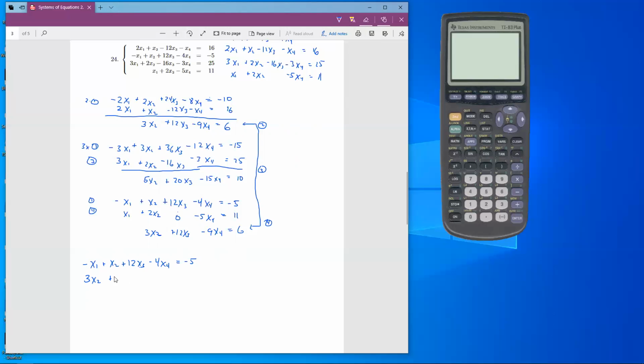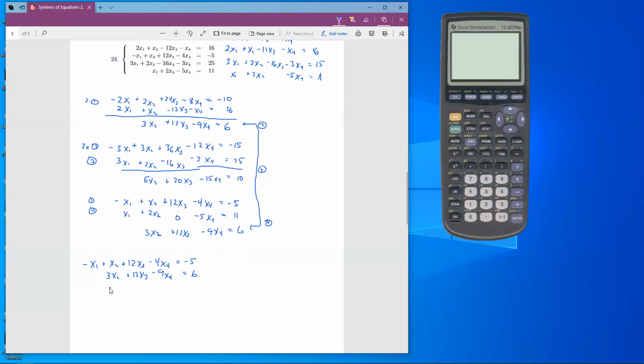The advantage of doing this with an eraser is normally I don't think you should erase it all, but in this case we should probably erase. So we have 3x2, 12x3, and minus 9x4, that's equal to 6.